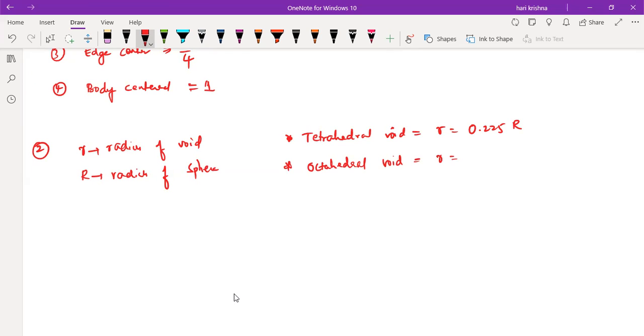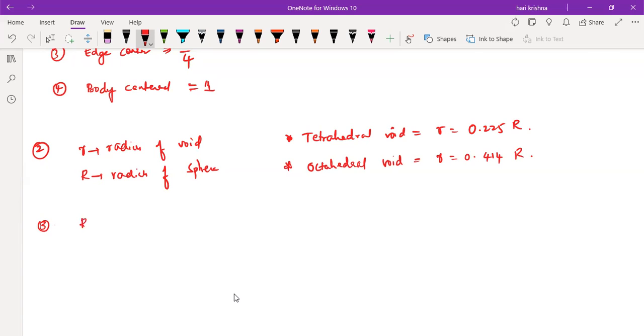Octahedral radius ratio is r equal to 0.414 capital R. Okay, 0.414 capital R, that is the octahedral void radius ratio. Next one, based upon this radius ratio only we have the different rules, right?